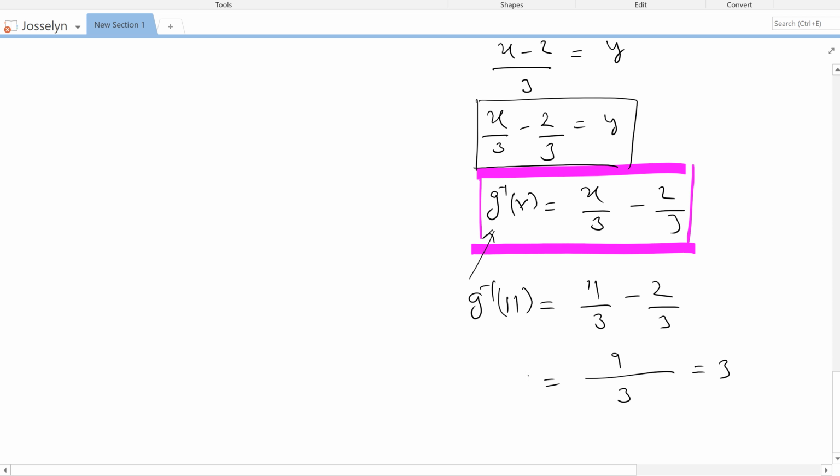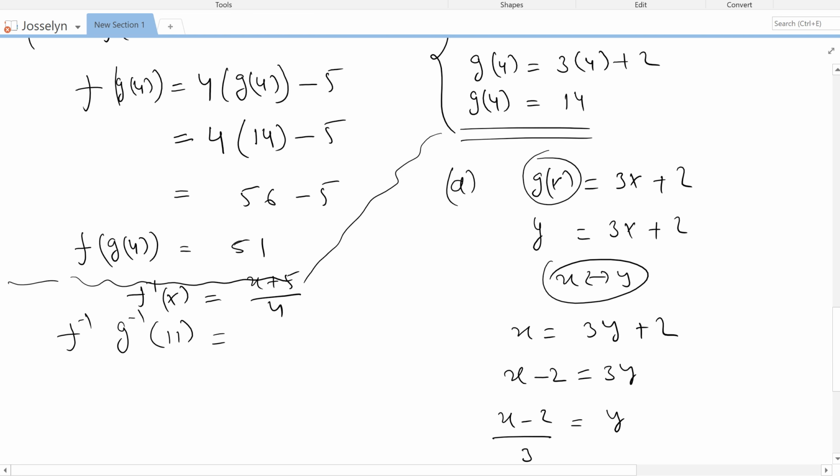Now, before that, I write f inverse of x. F inverse of x is, what was that? That was 3x plus 5 over 4, right? Yep. Now, we replace the x by g inverse 11. So wherever you see x, you replace it by g inverse x. So I write g inverse 11 plus 5 over 4, right?